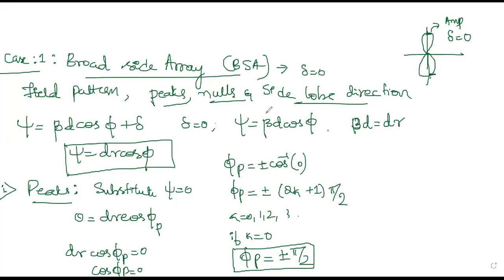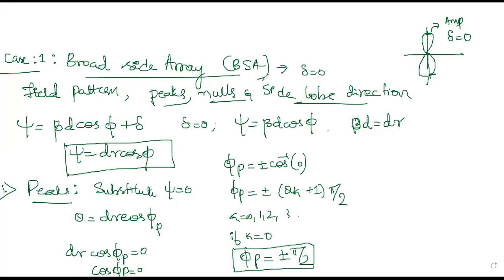Ma'am, can you repeat it once? Yeah. Consider the case of a broadside array. We know that a broadside array is perpendicular to the axis. So with respect to 90 and minus 90 degrees, you have the maximum direction. This broadside array is a case where the two isotropic point sources have the same amplitude and the same phase, which means that the delta value will go to 0.